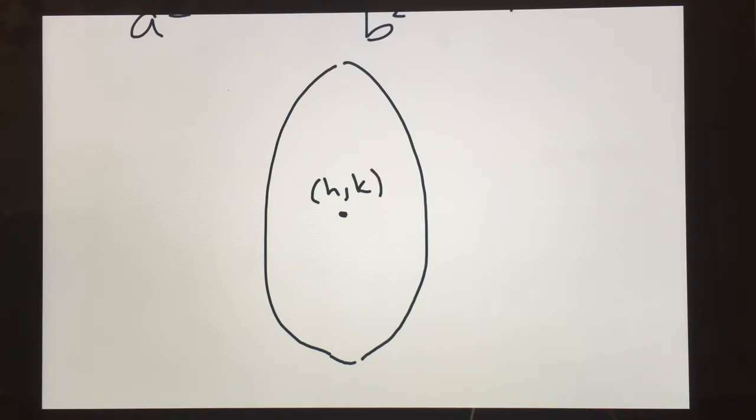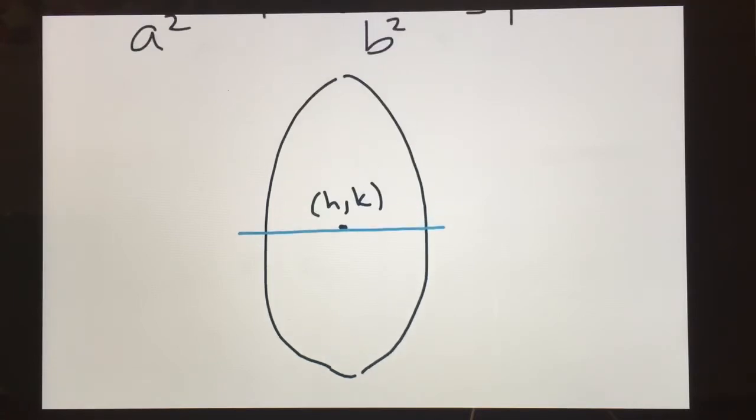This time, this line right here, instead of defining the major axis, is the minor axis. I'll go ahead and label it. Here's my A value, and here is my B value. And so I know this time that the A must be smaller than the B.